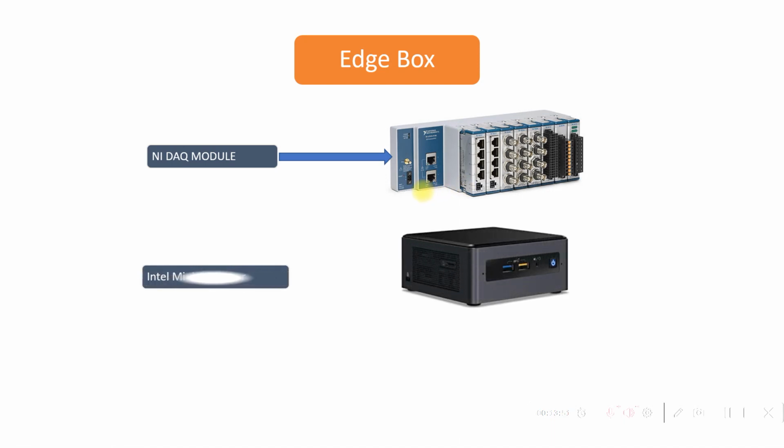Next, this is an Intel mini processor, which is used as a mini computer where you will be storing your algorithm. Your condition monitoring system algorithm will be running in this processor.